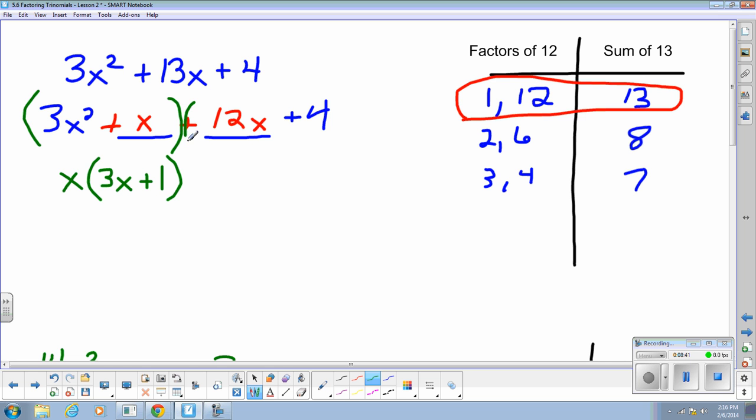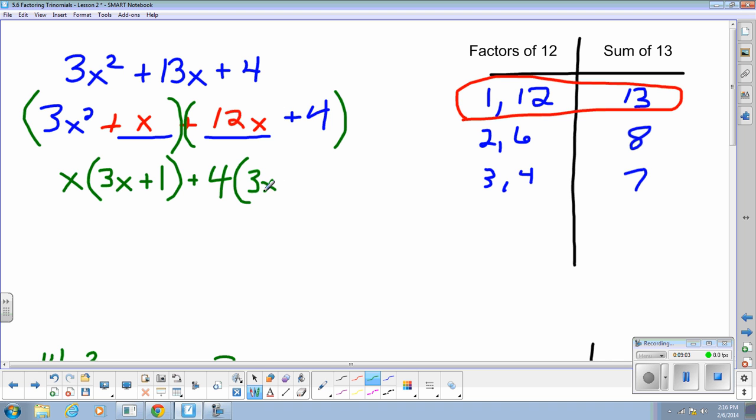Let's now group the last two terms and see if there's a common factor there. There is a common factor of 4. I put my parentheses. I want to create another factor of 3x plus 1. If I don't get that, then I'm done factoring that original trinomial. If I take 12x and divide by 4, I get 3x.